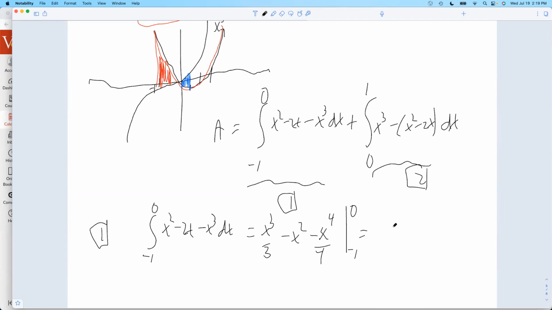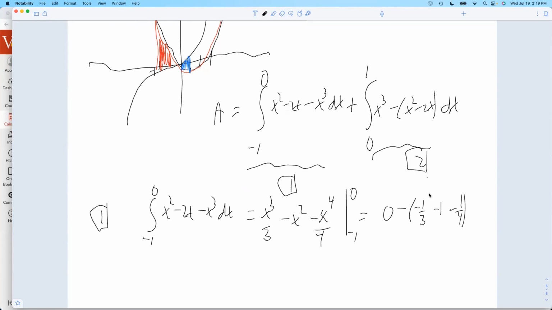If I plug in 0 everywhere, I get 0. Minus, now let's plug in -1. I'm going to get -1/3 minus 1. -1 squared would be 1, and that minus is that minus. And then -1 to the 4th is also 1, so I'm going to have a -1/4.